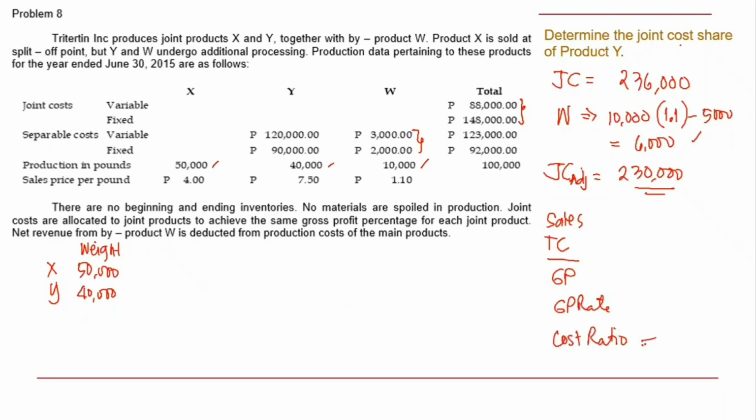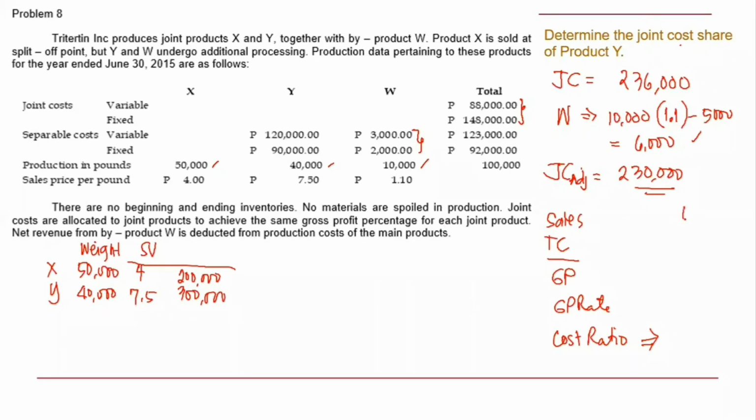At itong cost ratio na gagawin natin, i-multiply sa sales value ng bawat product. Kunin na muna natin yung sales value ng bawat product. So, magkano ba ang bentahan ni X? 4. Magkano ang bentahan ng Y? 7.5. So, ang sales value natin ay 200,000 at saka 300,000. Yan. Okay. So, what's next?